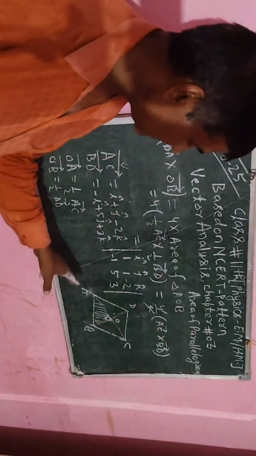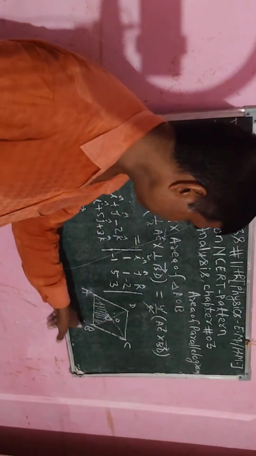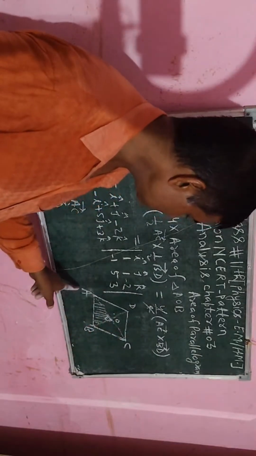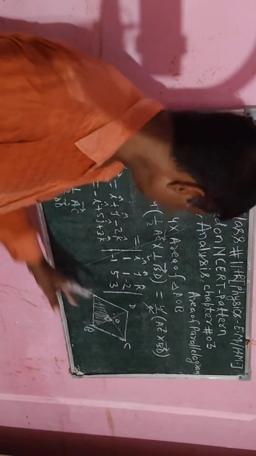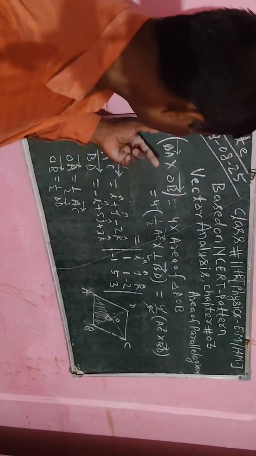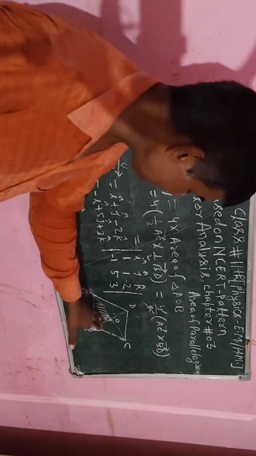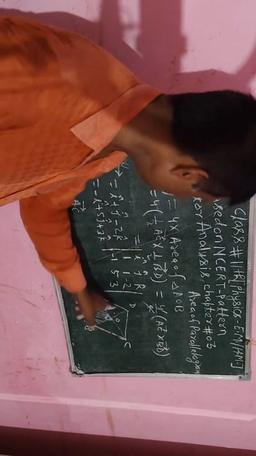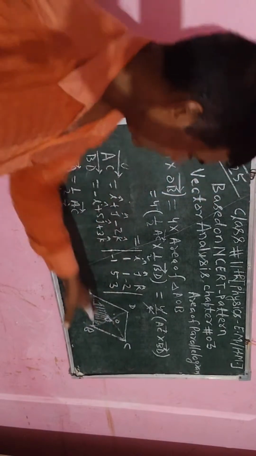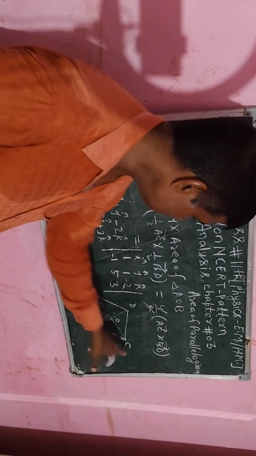I have written the area of the parallelogram ABCD, because here I have calculated the area of AOB, and then I multiply by 4 to get the area of the parallelogram ABCD.